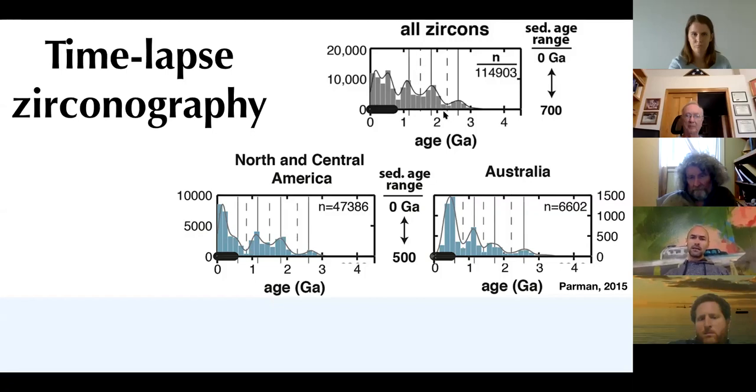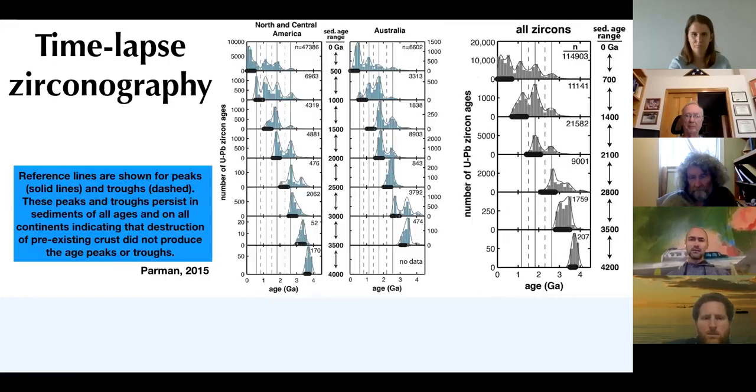And if we then break this up into the individual continents, North and Central America, we've got similar peaks and troughs in North America and Australia. But what really becomes interesting is when Steve evaluates detrital zircons that were deposited during specific time intervals. So here, can everybody see my mouse?